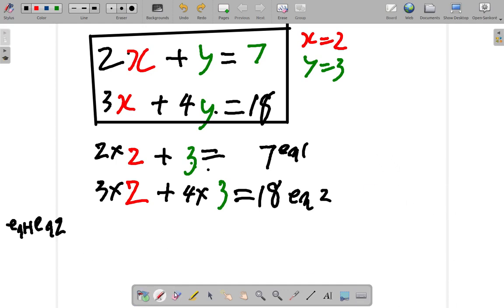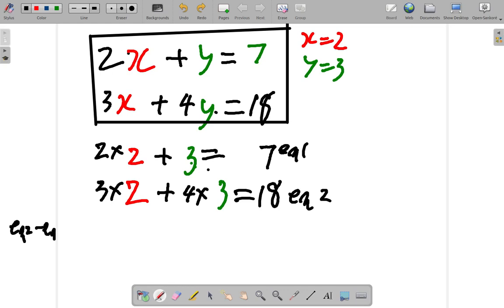Suppose we subtract them. Right? Suppose we could say equation 1 minus equation 2. But since equation 2 has the larger numbers, and we don't necessarily have to be dealing with negative numbers, let's say equation 2 minus equation 1 and see what would happen.